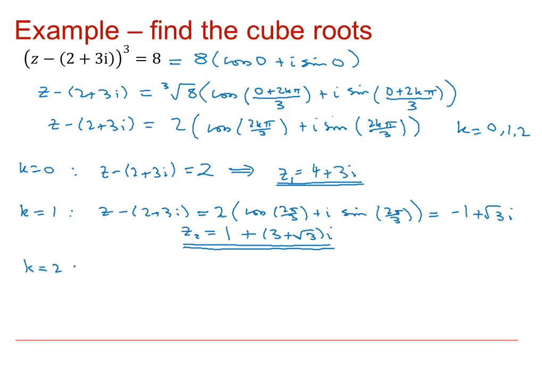So now when k is 2, we get z minus (2 plus 3i) is 2 times (cos 4 pi by 3 plus i sin 4 pi by 3).